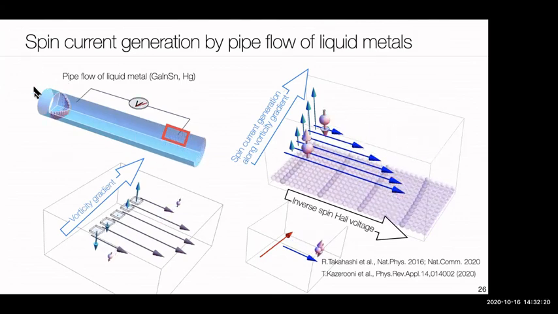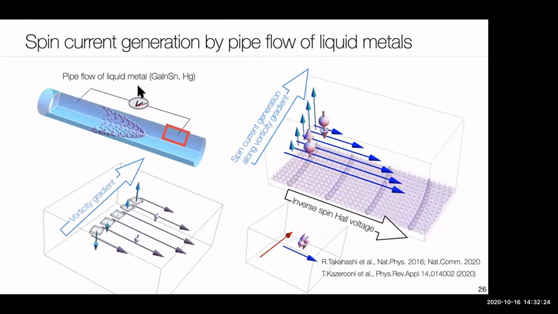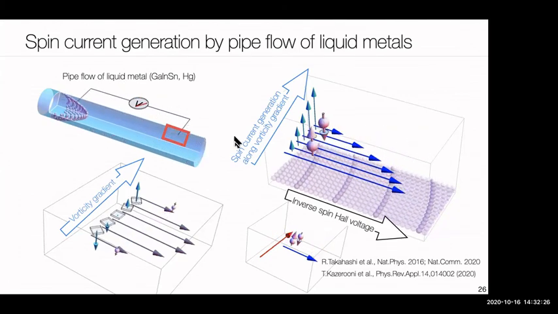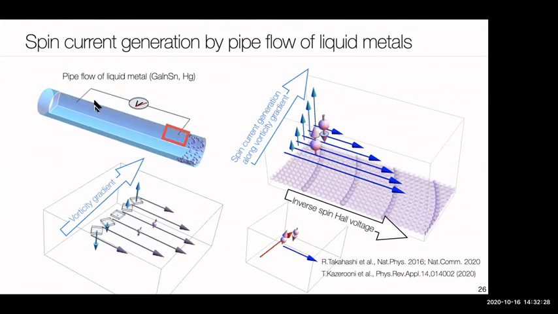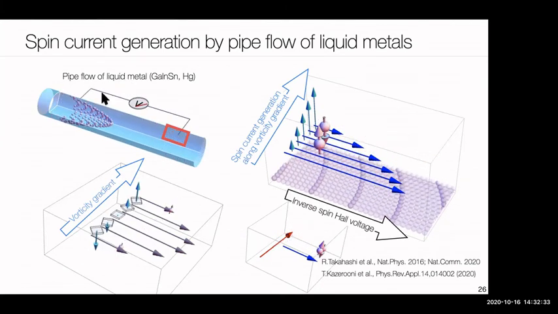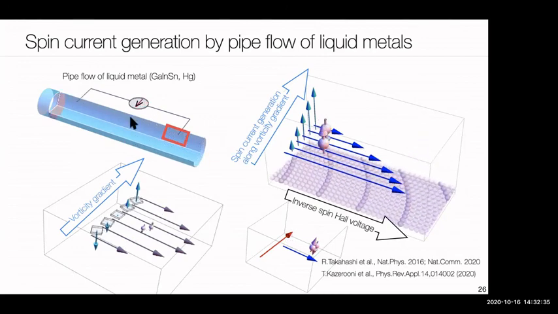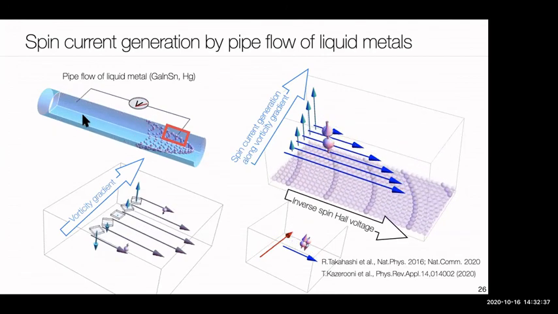So that's why we can easily access the spin current generation by detecting this electric voltage in this direction.